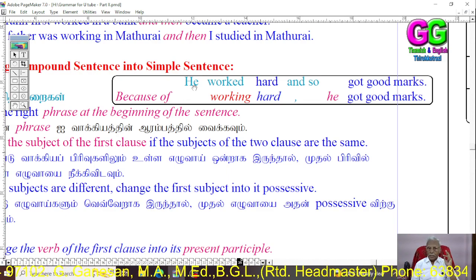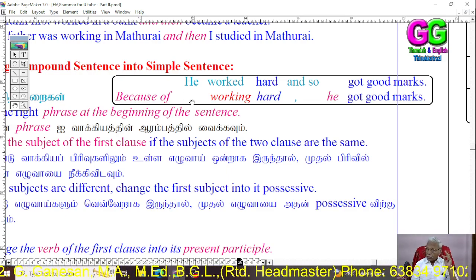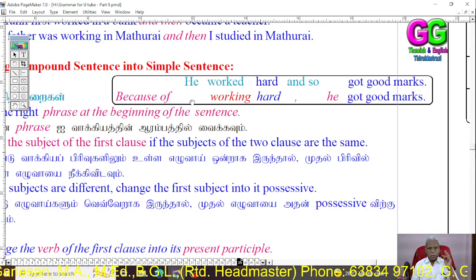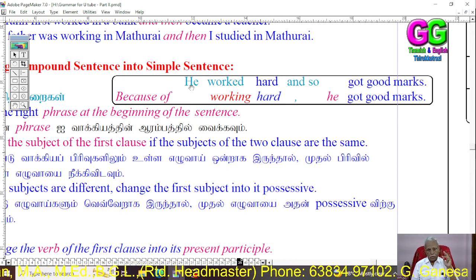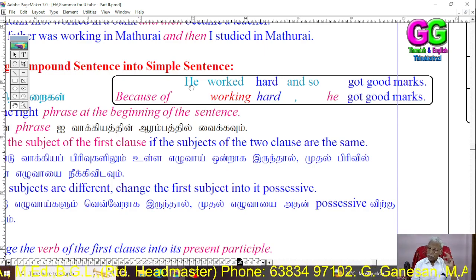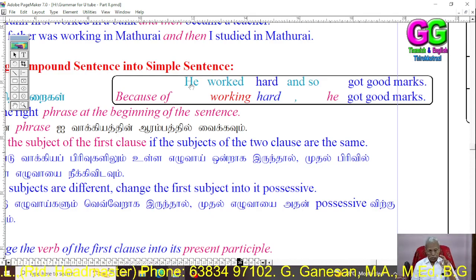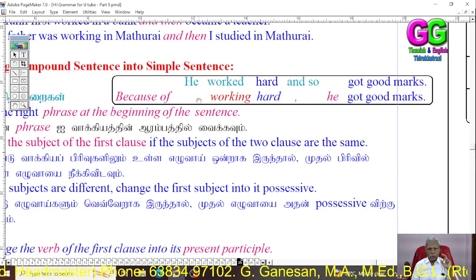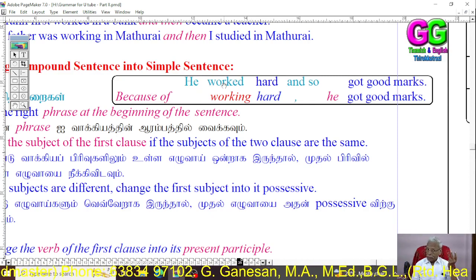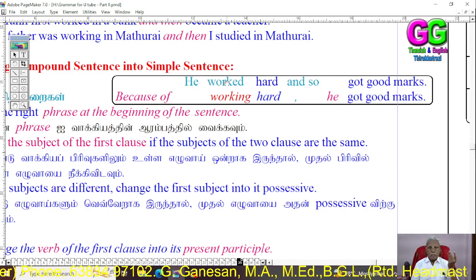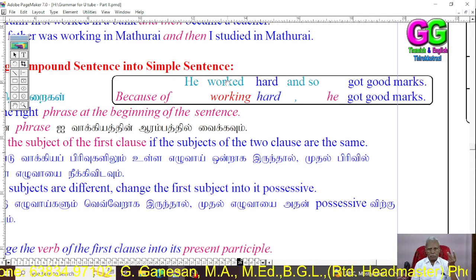First, place the concerned phrase first. Then remove the subject if the subject is the same in both the clauses. If the subjects in both the clauses are different, change the first subject into possessive. Here same, so I have removed it. Third change, reduce the verb into present participle.